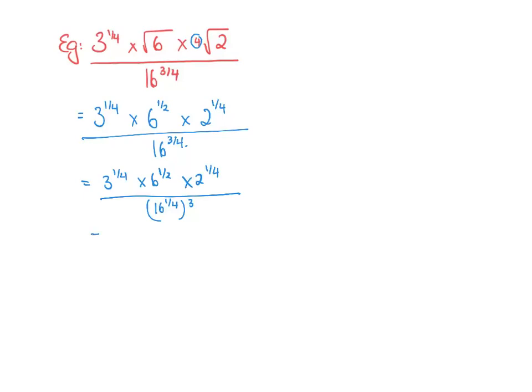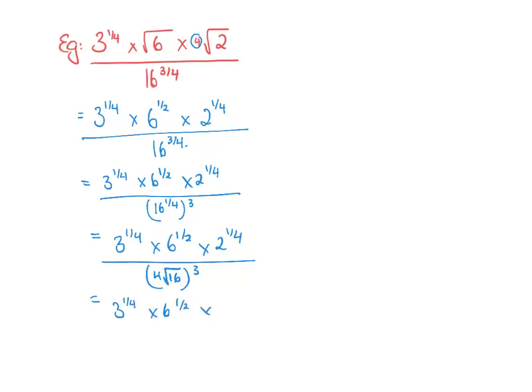So we've got 3 quarter. I'm not doing anything with these at the moment. There's no matching bases, but the 4 to the power of a quarter could be the fourth root, and that is actually 2. So I can get 3 to a quarter times 6 to a half times 2 to a quarter, and I can get this 16 to the power of 3 on 4 to be 2 to the power of 3.